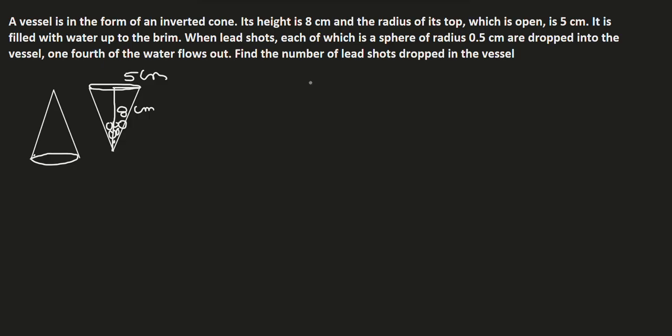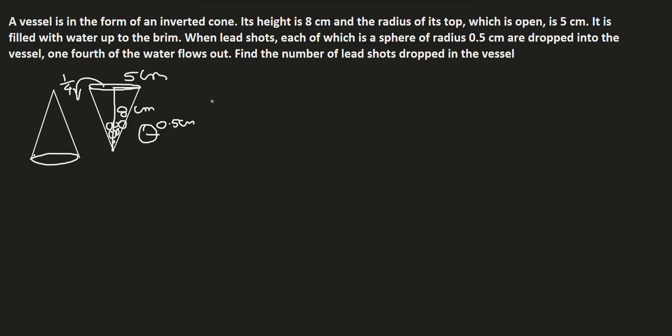Each of which is a sphere of radius 0.5 centimeters, dropped into the vessel. 1/4 of the water is coming out of the cone. That must be equal to the number of balls into the volume of a ball. Ball means here lead shots.